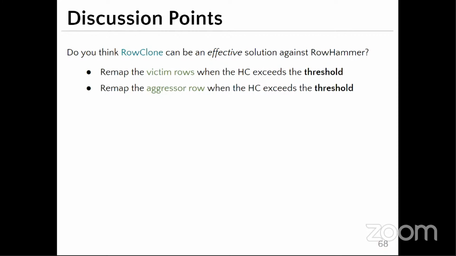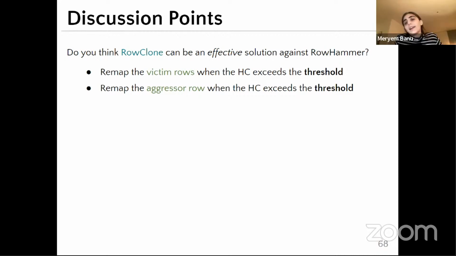Instead of refreshing potential victim rows, we could just restrict the access to the aggressor rows and throttle the amount of activations that a row can have per refresh window. Yeah, I agree. This also can be a solution.